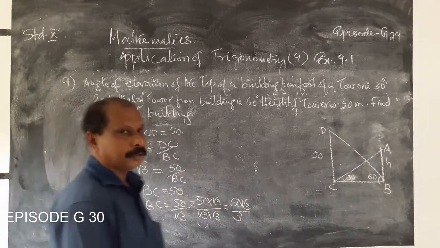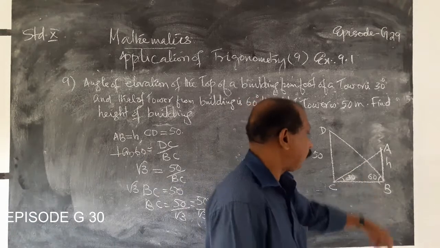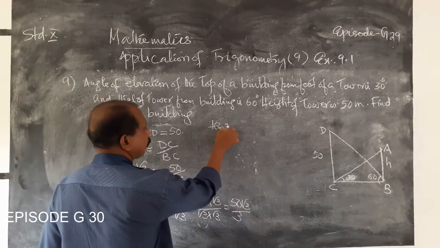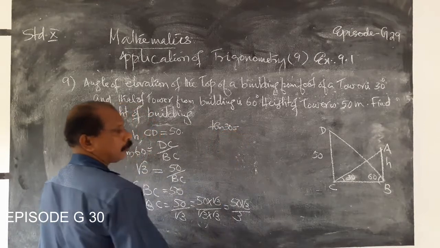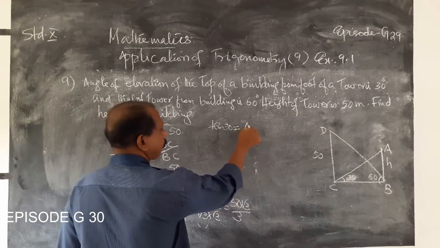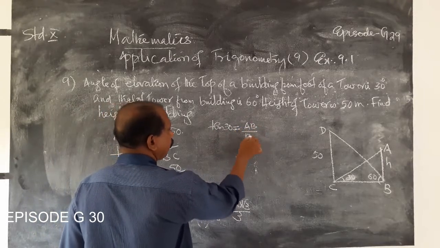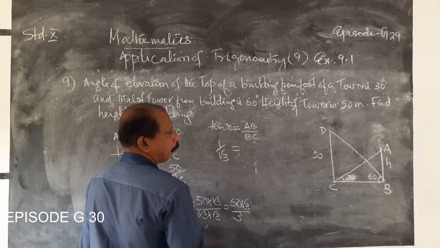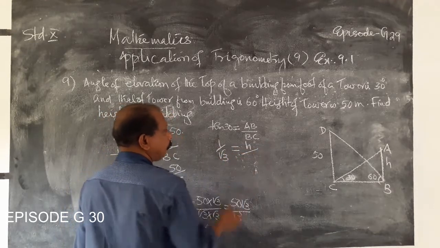That is BC. Then from the second triangle, tan 30 is equal to AB by BC. As tan 30 is 1 by root 3, it is equal to AB, that is H, by BC.